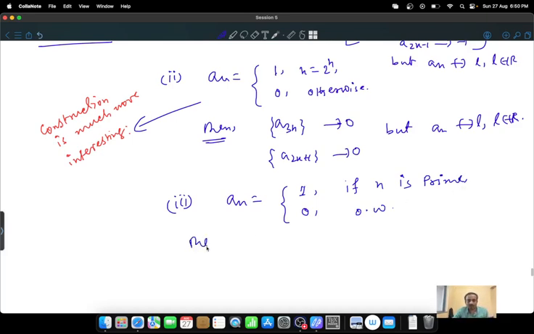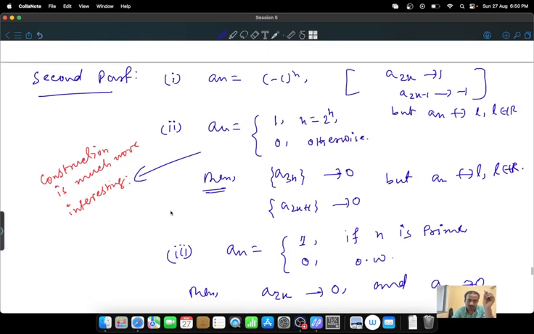So then a2k converges to 0 because all the terms are zeros by definition, and a3k that is also 0 converges to 0, but the original sequence does not converge to any L belonging to R. Okay, so these are the three counter examples.